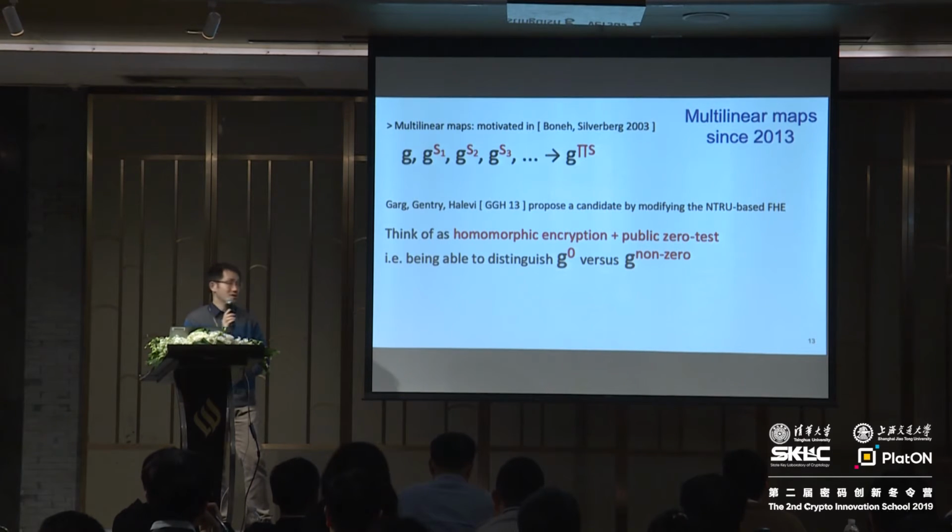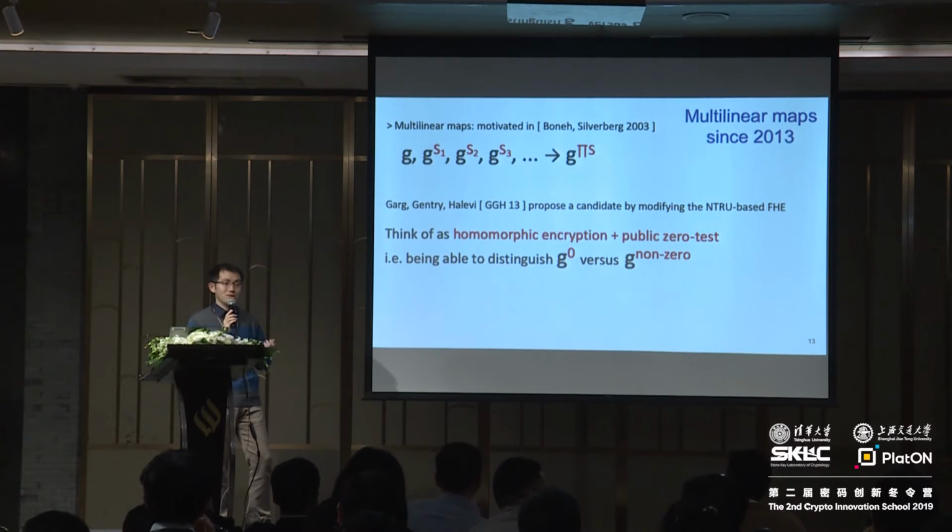So I should add that you should think about it as you're given a homomorphic encryption scheme, but you're only allowed to test whether it's a 0 value or a non-zero value under some constraint. For example, after you do the evaluation, you can test. And think about it as encoding not 0, 1, but a really exponential-size domain. That's easy to think about.